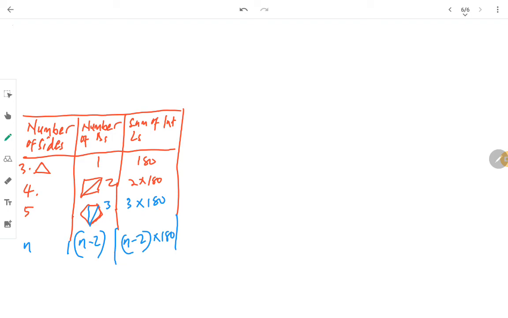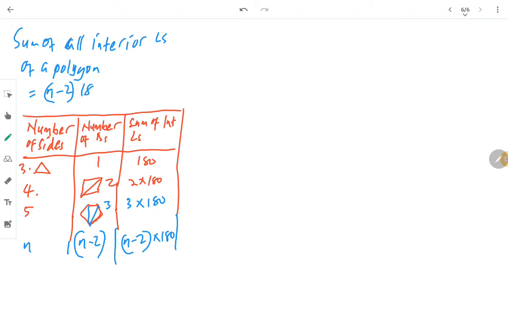So I'm writing here, sum of all interior angles of a polygon. It is given as n minus 2 times 180.